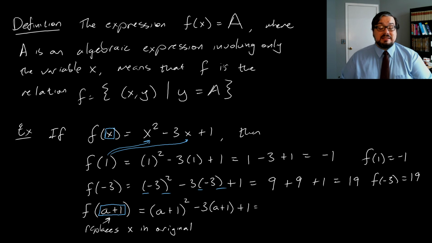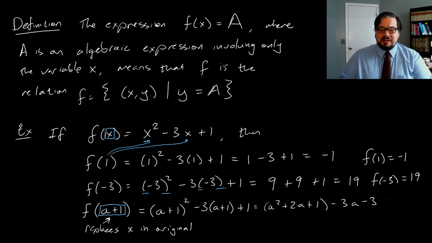Now in this case, when we go and expand this all out and combine it together, we're not going to get a single number out of it. But that's okay, because our input wasn't a single number. What we are getting is an expression that will always be the output when the input expression is a plus 1. So if we expand all this out, we get a squared plus 2a plus 1 minus 3a minus 3 plus 1.